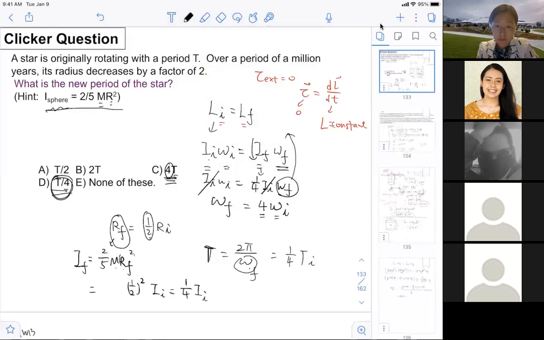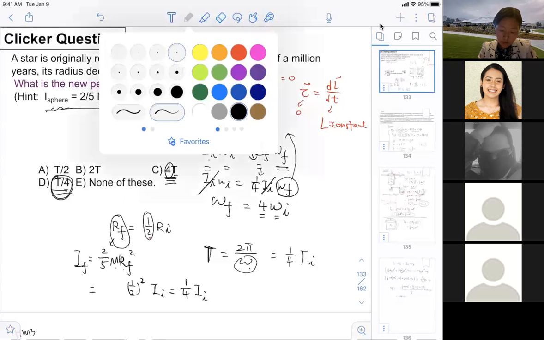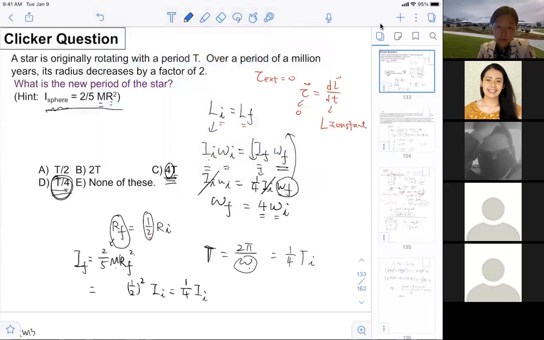Okay, yeah. And then since our omega is 4 times, and the period is the period of rotation over velocity. Yes.